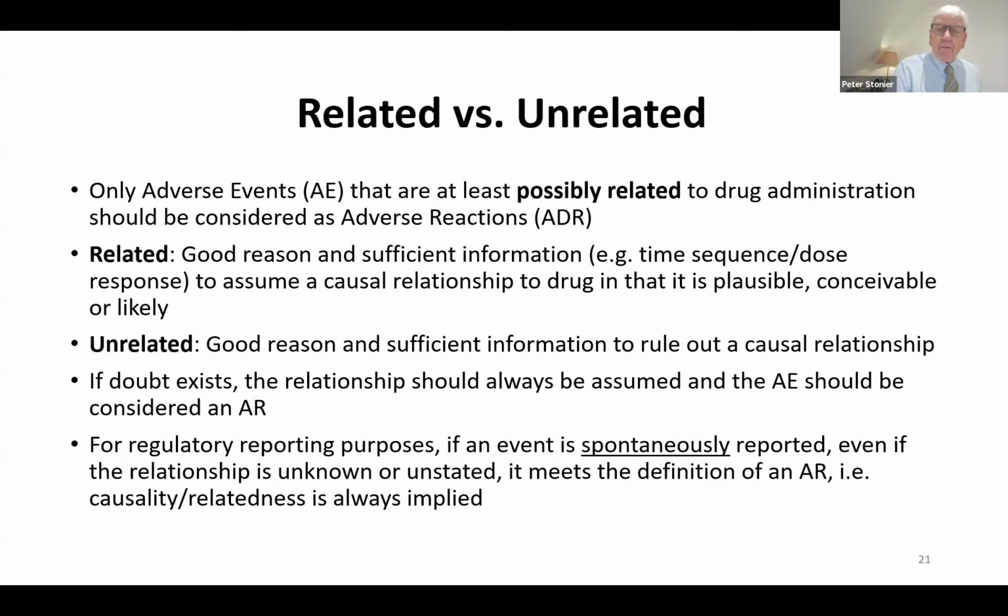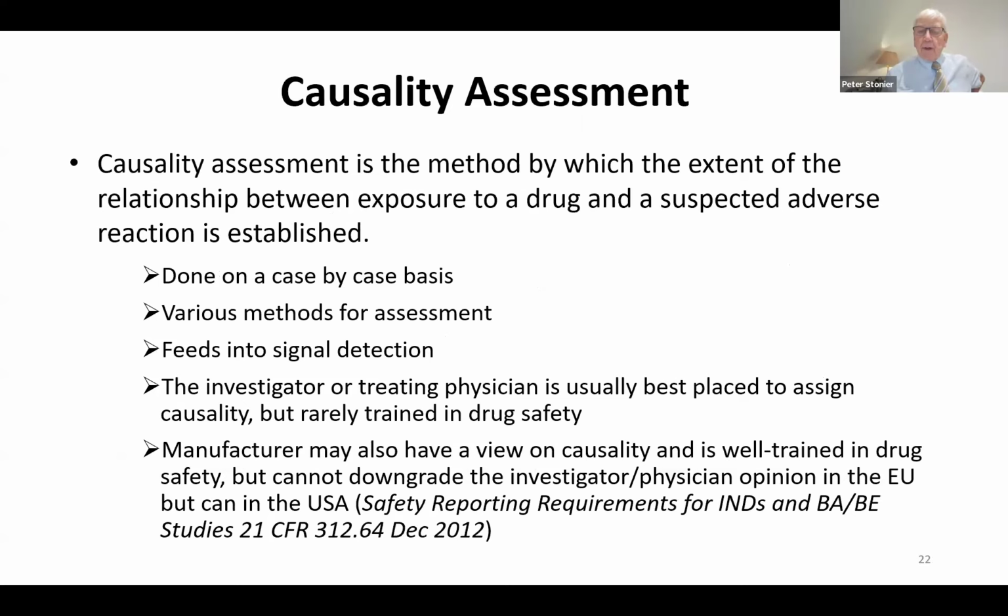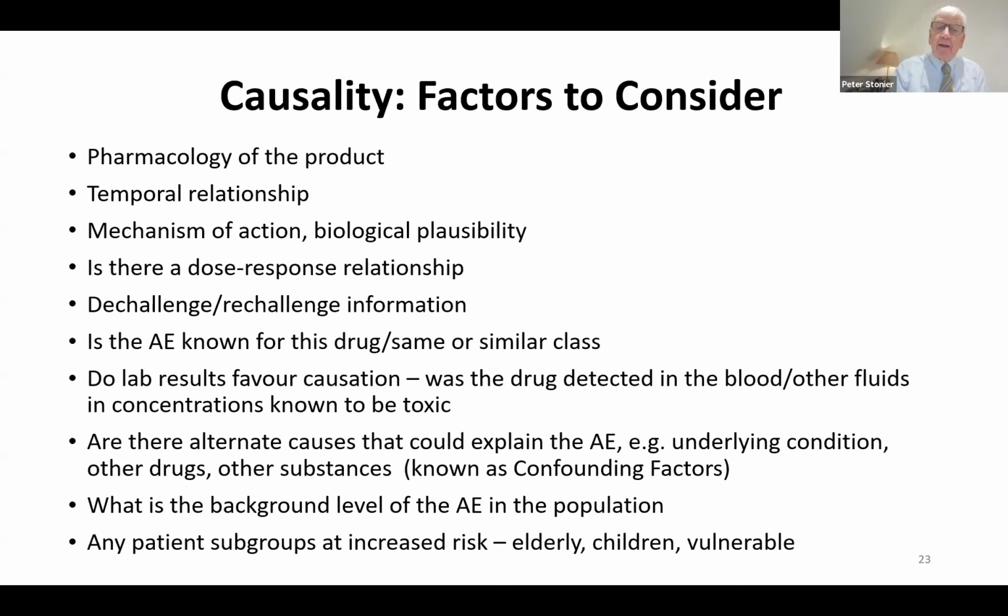But moving on from there, we then enter an activity which always takes place at this point, which is causality assessment, the method by which the extent of the relationship between exposure to a drug and a suspected adverse reaction is established.